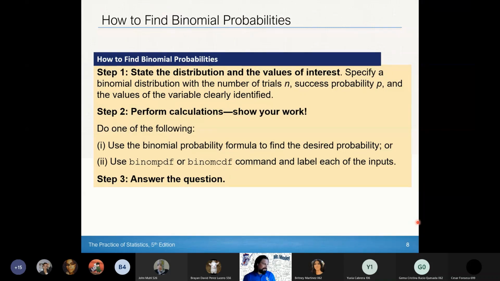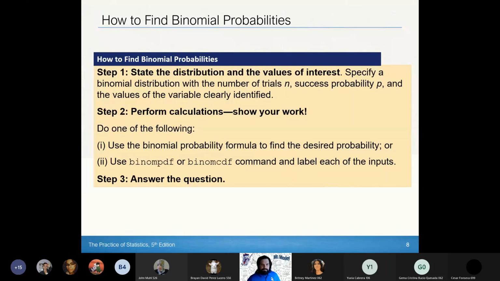Now, what this means by label each of the inputs: if you're going to use technology, which means you're not going to have the math work to show, you must label things.